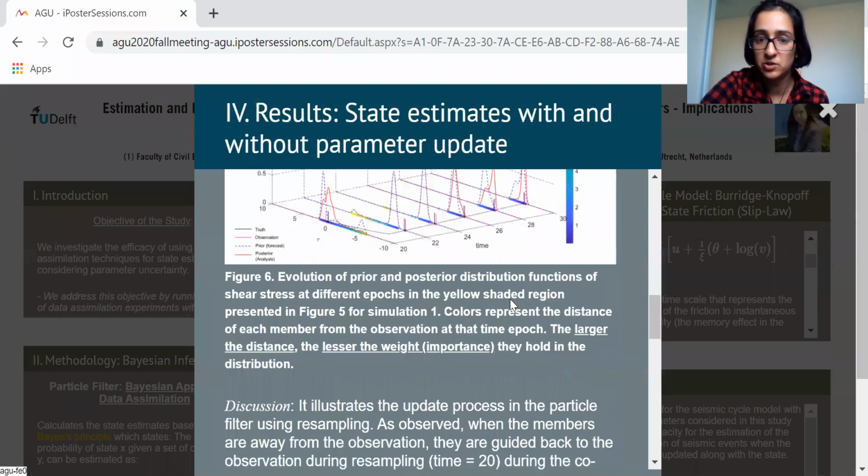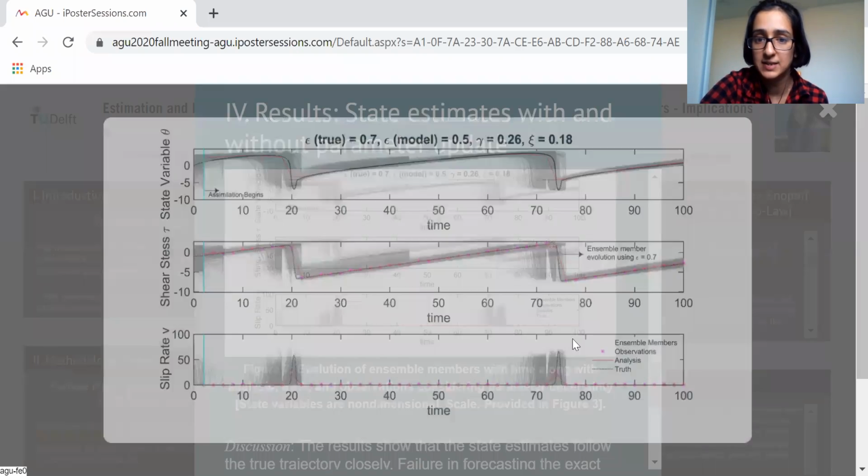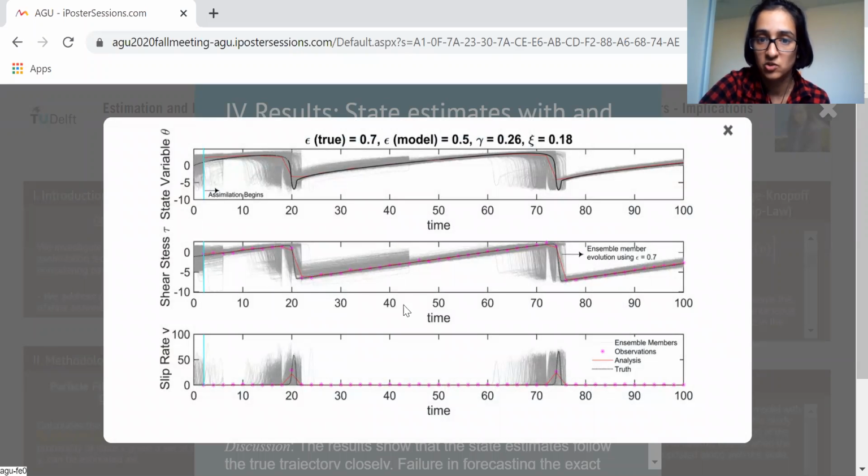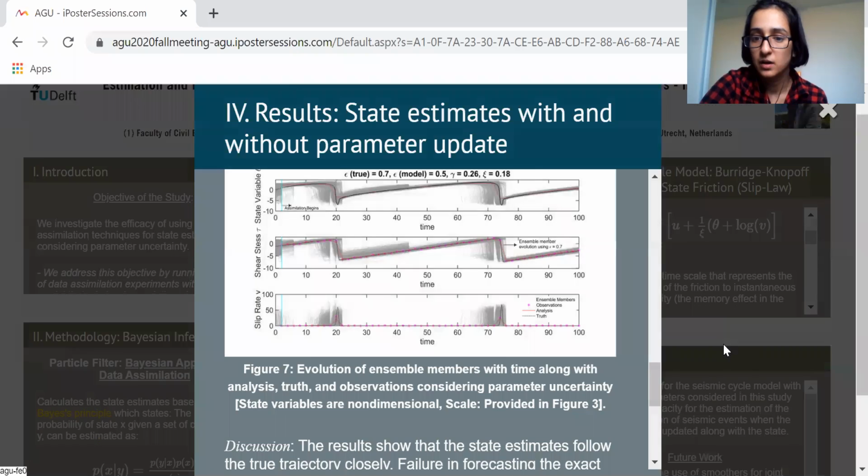Now, when you consider parameter uncertainty, you can see that the shear stress trajectory follows very closely to the true trajectory with time. Over here, each particle or ensemble member represents a different value of parameters. That's how it's considering parameter uncertainty. And you can see it gives you improved state estimates and forecasts with time.